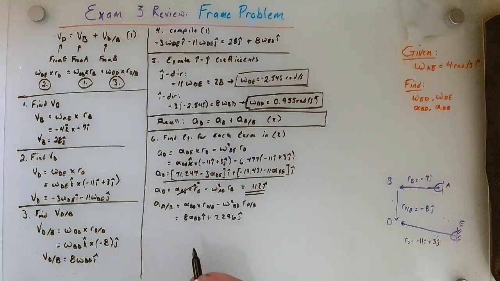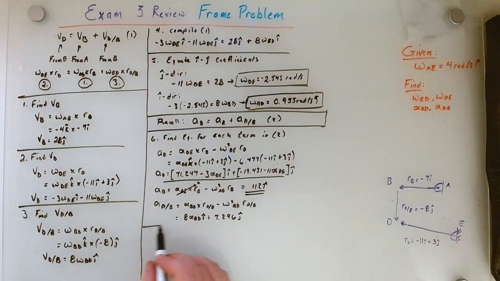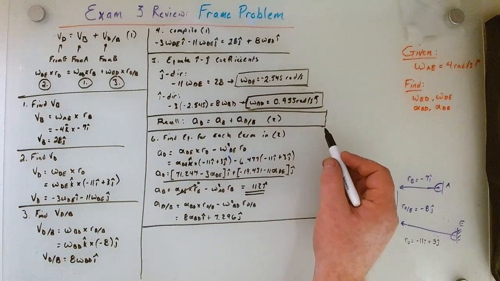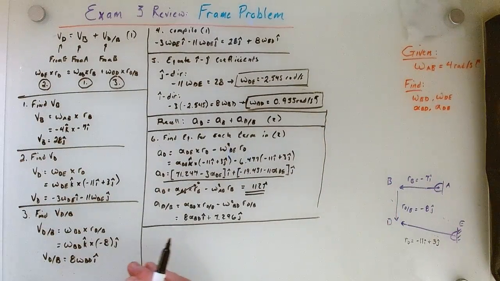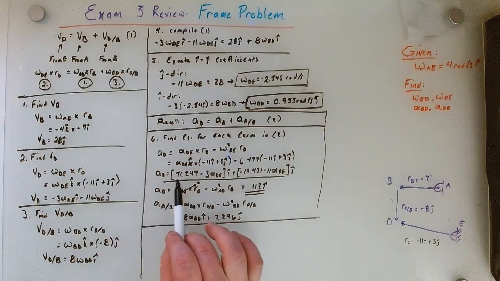Okay, so again, we have these components, and since we're running out of space a little bit, we'll just preemptively break them up into their components, right? So A sub D, the I component of it is this guy here.